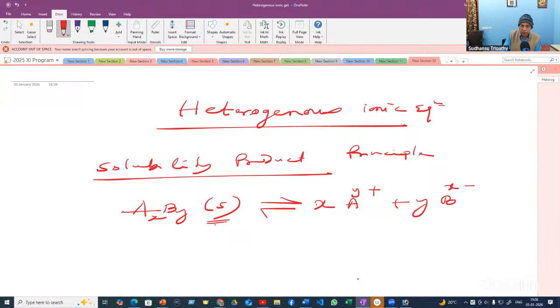So the solubility product is the product of all ionic concentrations raised to the power of the stoichiometric coefficients in the balanced equation to form a saturated solution at a fixed temperature. So this will be A y plus concentration, saturated concentration, to the power x, into B x minus concentration to the power y.